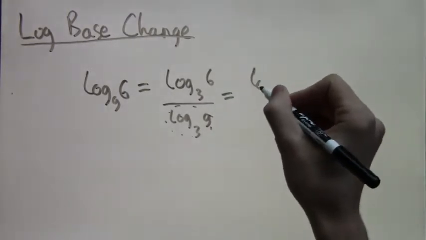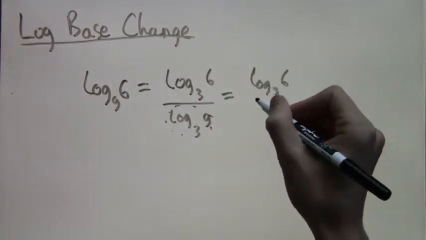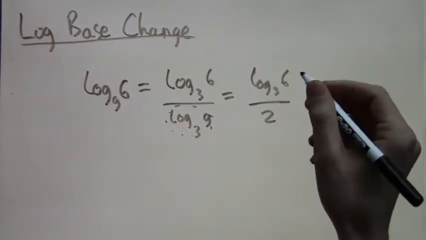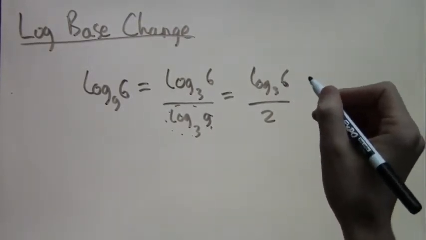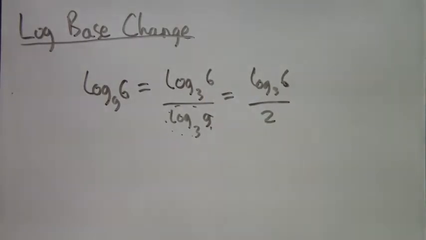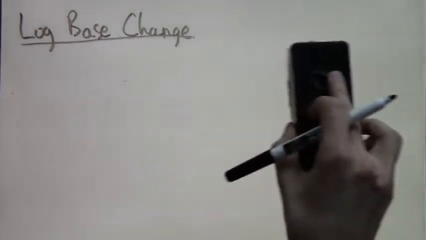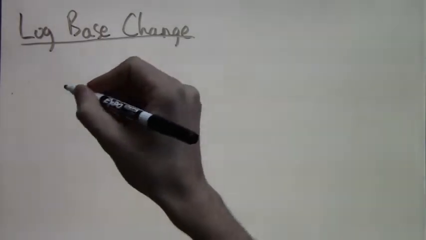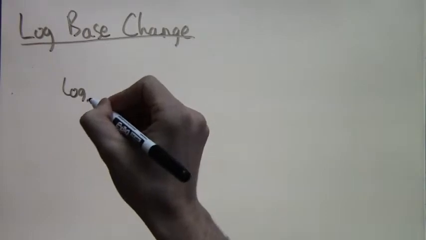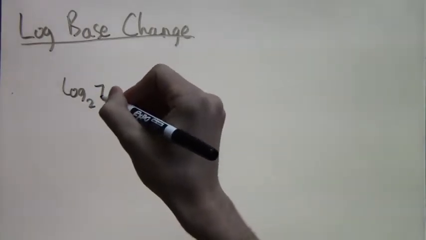It was log of 6, but we changed the base to 3. And the old base is 9, so we divide by log base 3 of 9. And log base 3 of 9, as you may know, is 2, because 3 squared is 9. You can also just calculate it in your calculator. But anyway, that was just one use of the log base change formula.